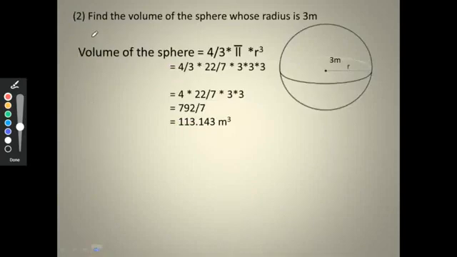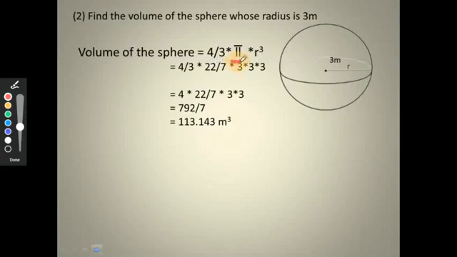The next sum is to find the volume of the sphere whose radius is 3 meter. We have to find the volume of the sphere and the radius of the sphere is given to be 3 meter. The formula we know: volume of the sphere is equal to 4 by 3 into pi into r cube.